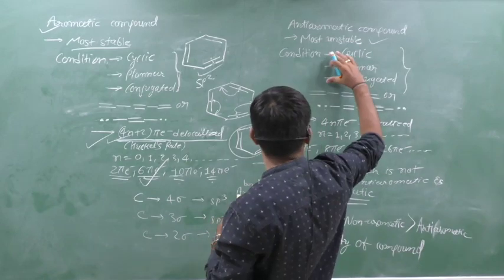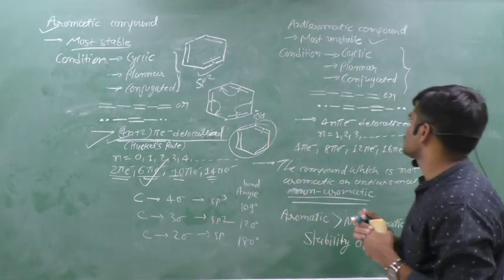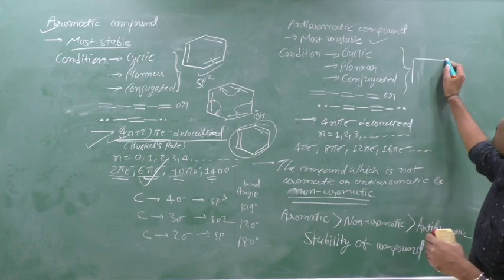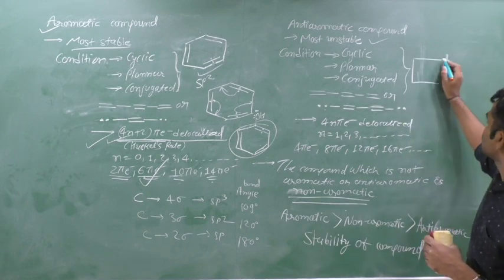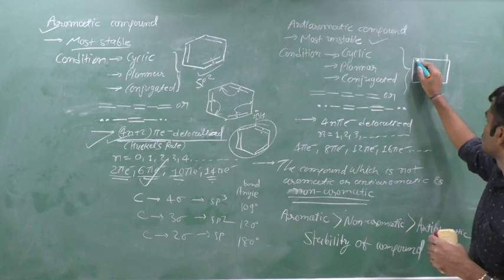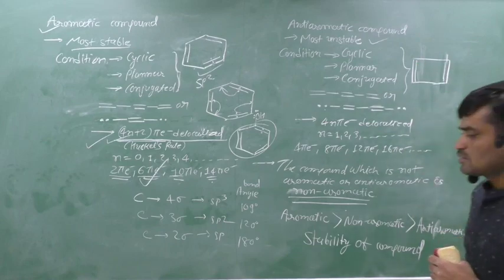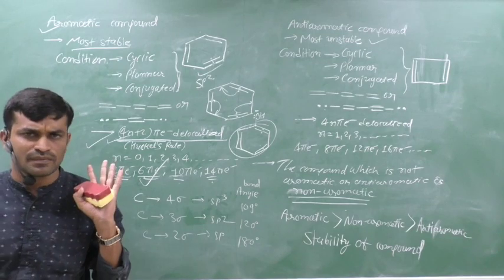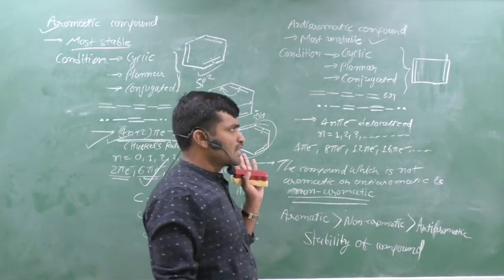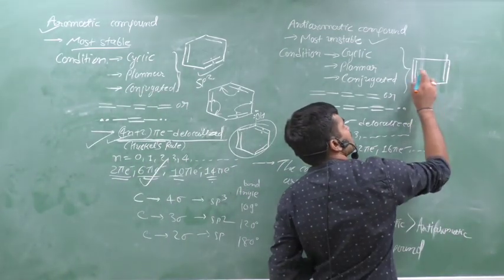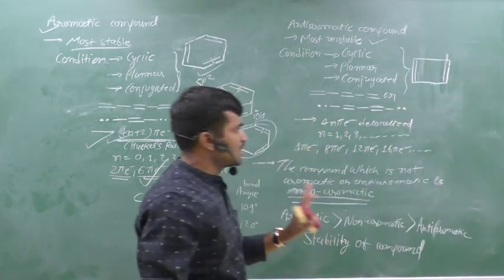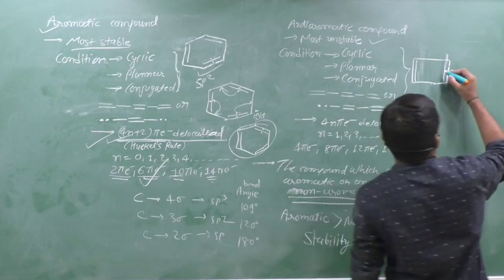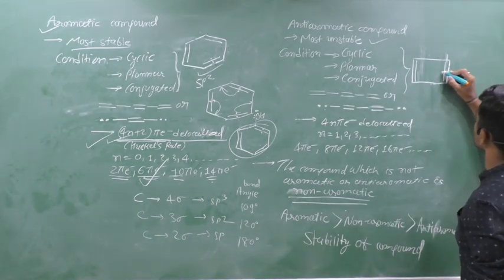If these three conditions are satisfied, suppose we have a compound like this: cyclic, yes. Planar, yes, because all carbons are sp2 hybridized. Conjugated, yes, because double, single, double. Now we can calculate the delocalized electrons.